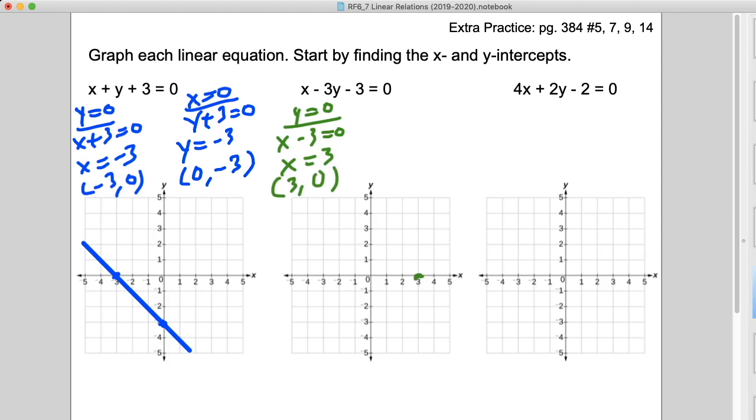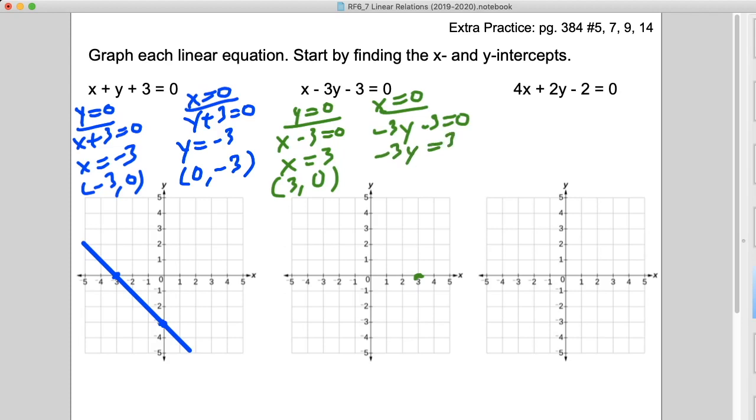And then we're going to solve for when x is equal to 0. Now in this case, because x is equal to 0, we're going to have 0 here. Then we'll have negative 3y minus 3 is equal to 0. I'm going to add 3 to both sides, so I'll have negative 3y is equal to positive 3.